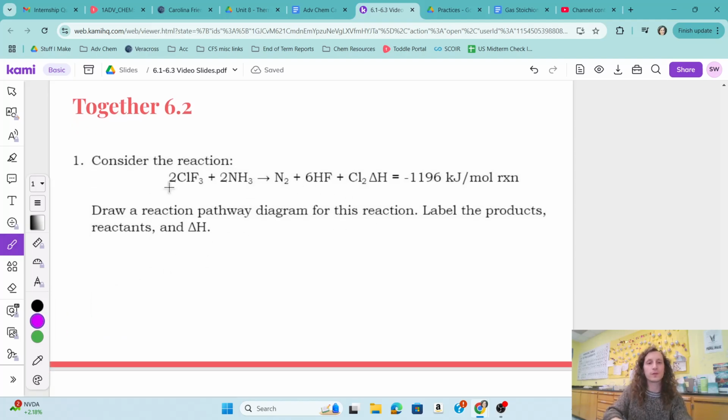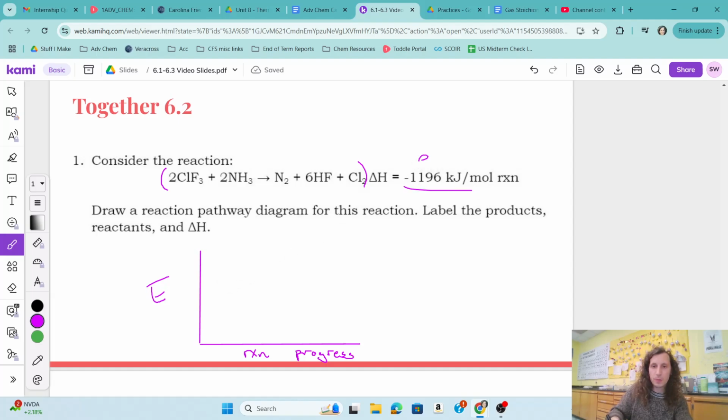So we've got this big old reaction here, and then we're given the delta H of the reaction. We're asked to draw a reaction pathway. So let's do that. We've got reaction progress on the x-axis and energy on the y. So this is exothermic, right? Negative sign on our delta H, and it's very exothermic, right? Negative 1100 kilojoules.